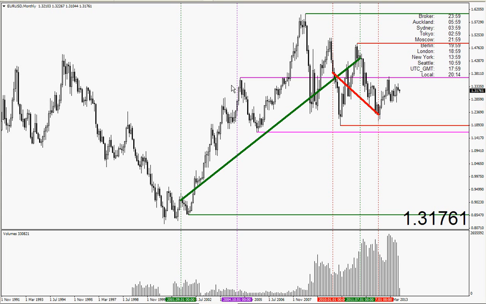So from this point of view, it would be okay. I wouldn't short euro dollar here, but I wouldn't play this high speculative boom bust scenario in the euro once again 7-8 years later.